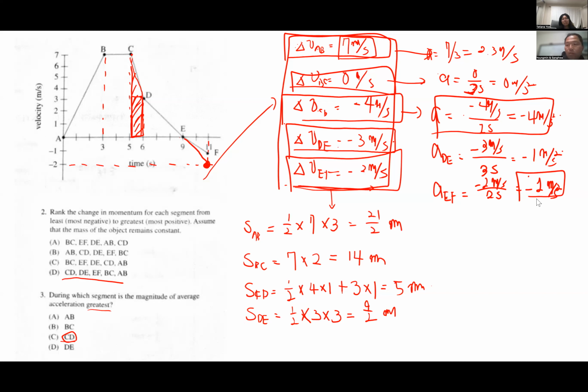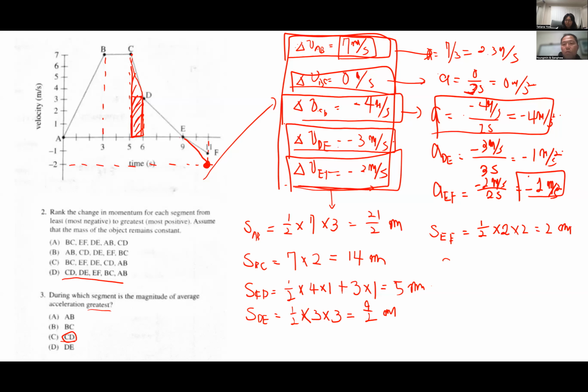The last one, the travel distance E to F. Now it changed from 0 to -2, so that is 2. So that 1/2 times 2, that happened over 2 seconds times 2, so that is 2 meter.